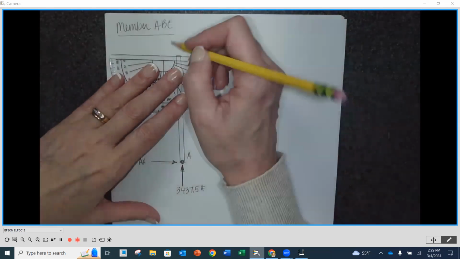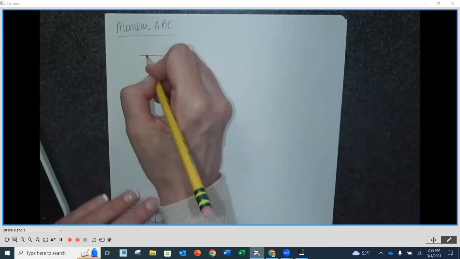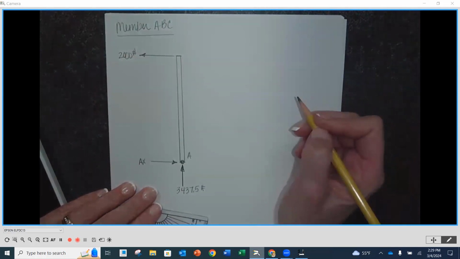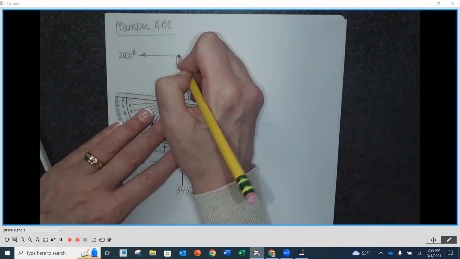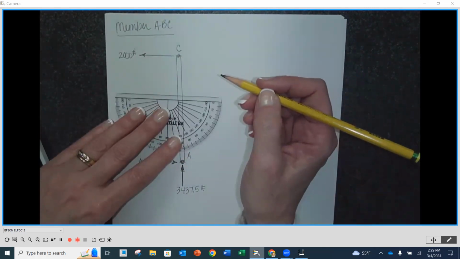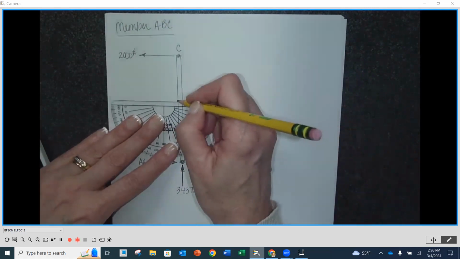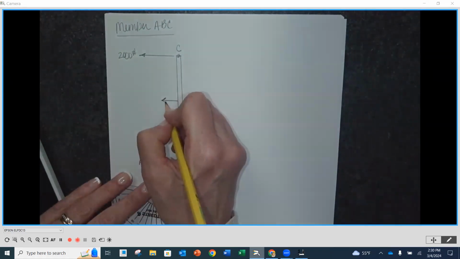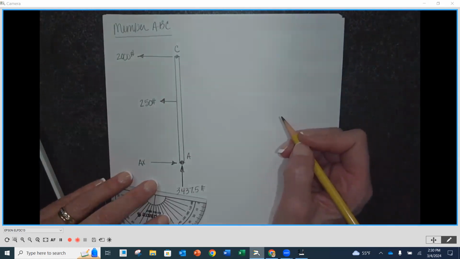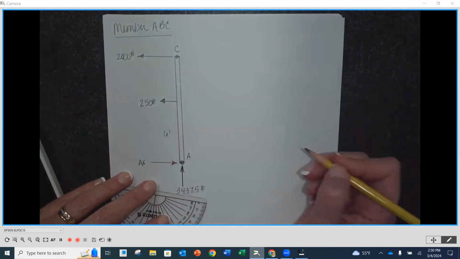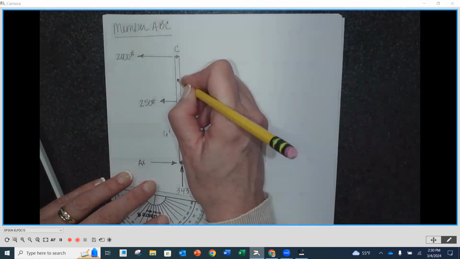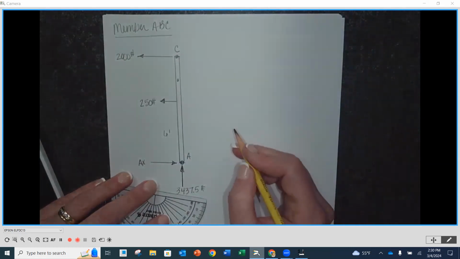The other applied load that I have is up at the top here at C. I've got 2,000 pounds. And then a little bit lower here, about halfway, I've got 250 pounds. And this is 6 feet here. Now B comes in right here, right between C and that 250.